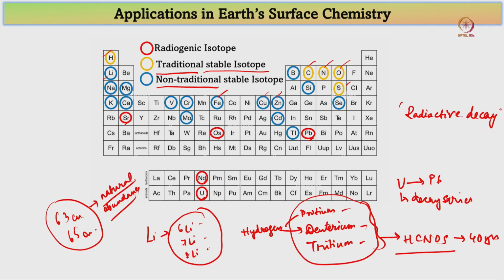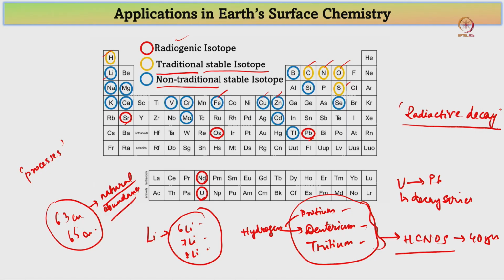Their variation is just due to natural processes that they are undergoing, as compared to radioactive decay for radiogenic isotopes.